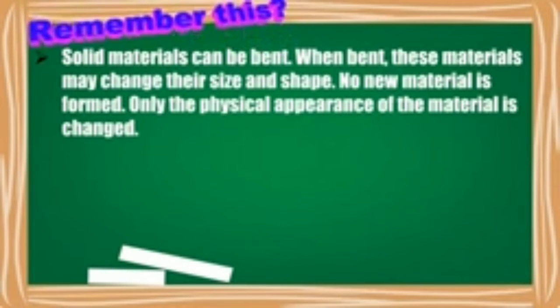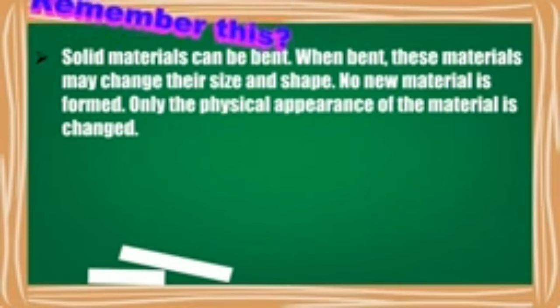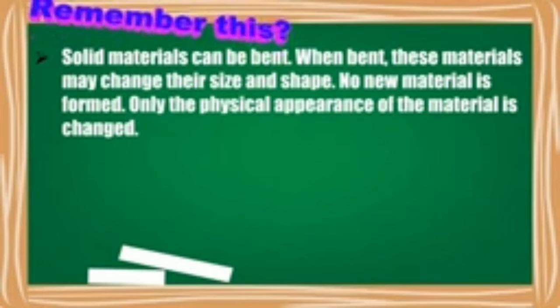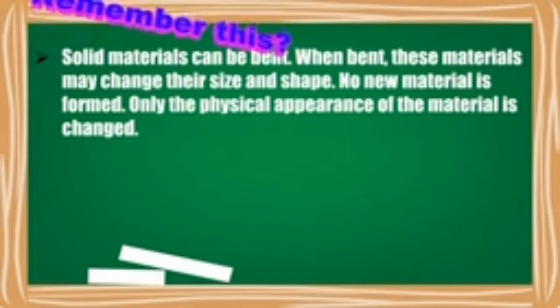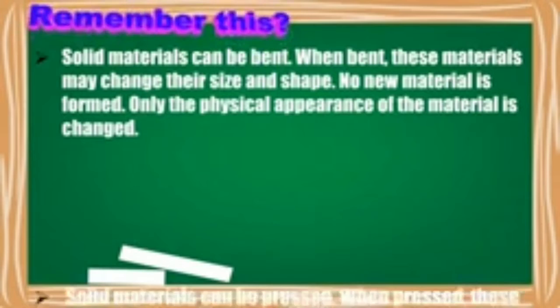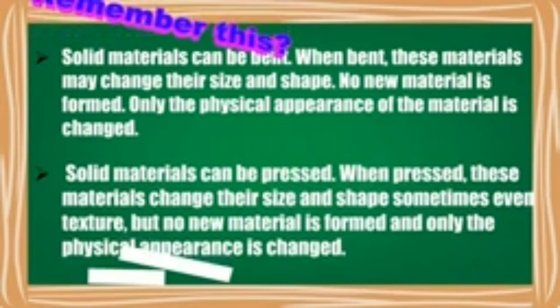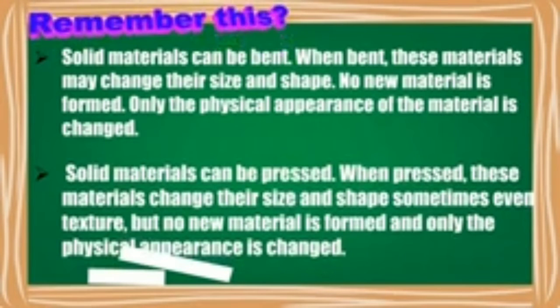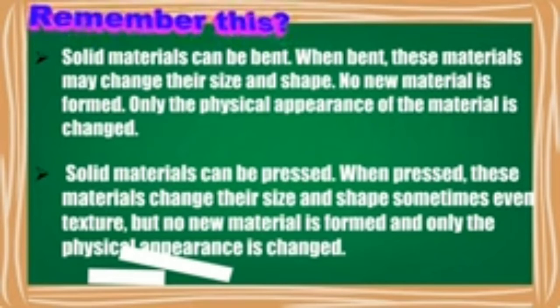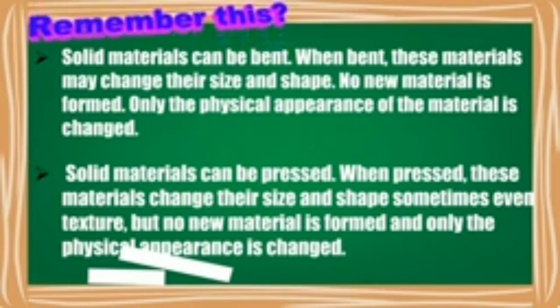Solid materials can be bent. When bent, these materials may change their size and shape. No new material is formed. Only the physical appearance of the material is changed. Solid materials can be pressed. When pressed, these materials change their size and shape, sometimes even texture.